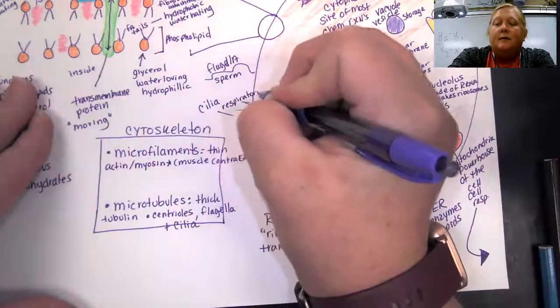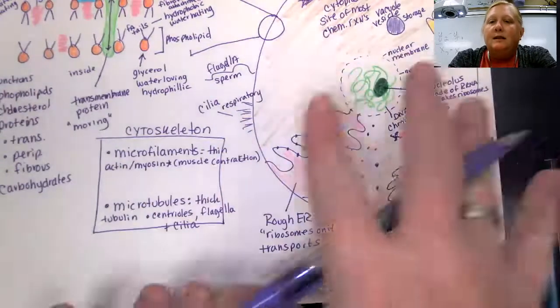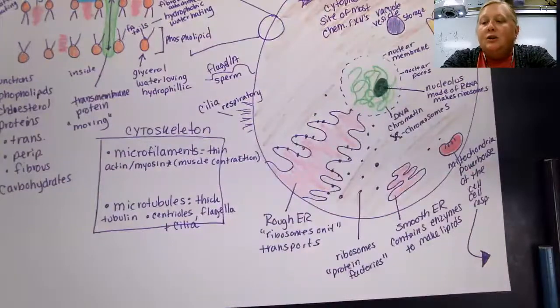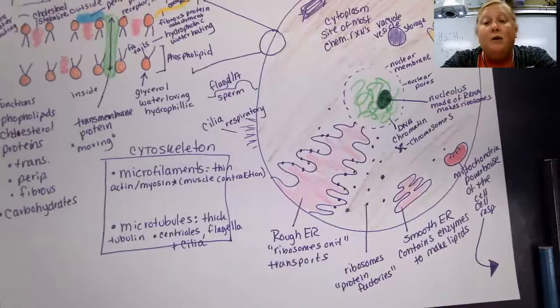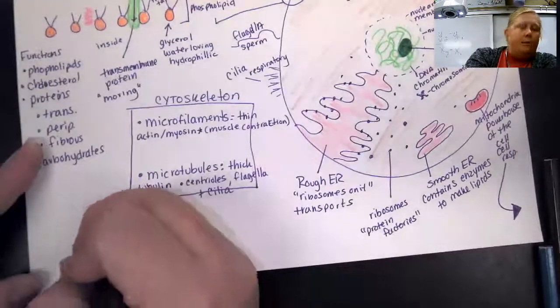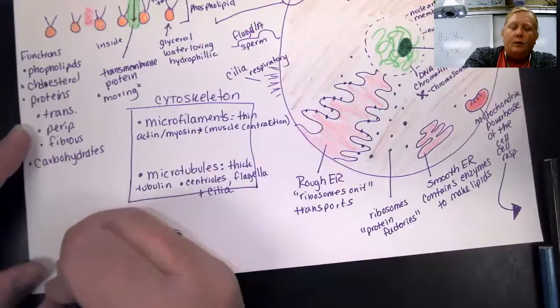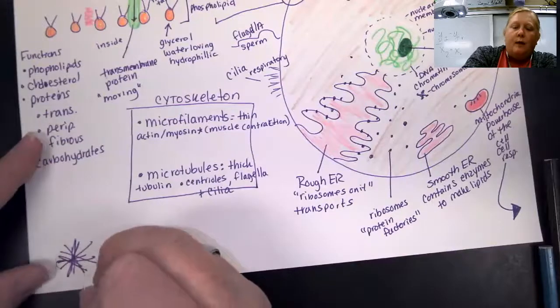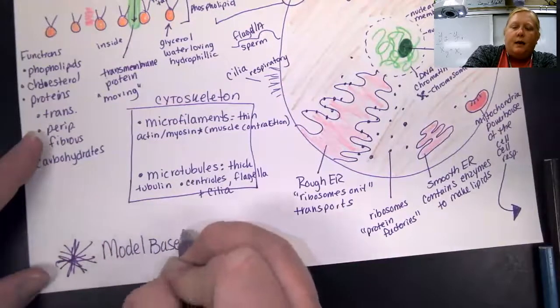Actually has cilia. Okay, so here's our big thing that I want you to think about. This is all of the cell parts. These should have all been very familiar to you because I know that you covered these in biology. So when I want you to think about making a cell model over the weekend, in the next couple days, we want to make a model based on function.